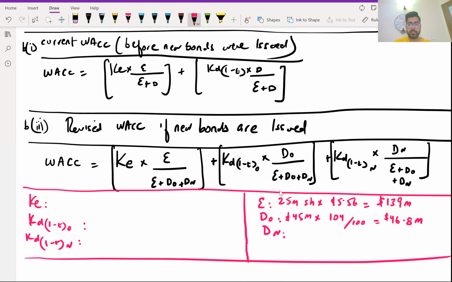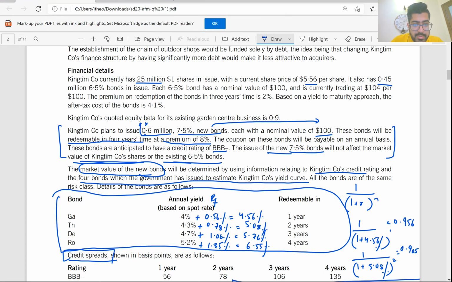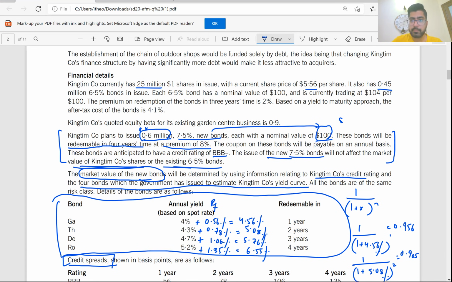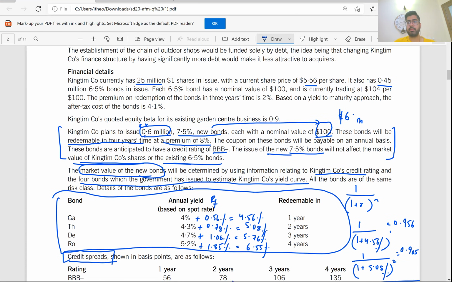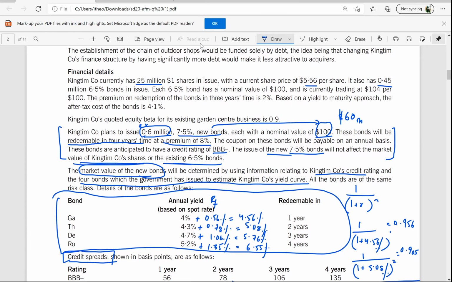Okay. Now, market value of new debt. New debt is 0.6 million bonds at a value of 100. That means 60 million of new bonds have been issued, so the new bonds' book value is 60 million.